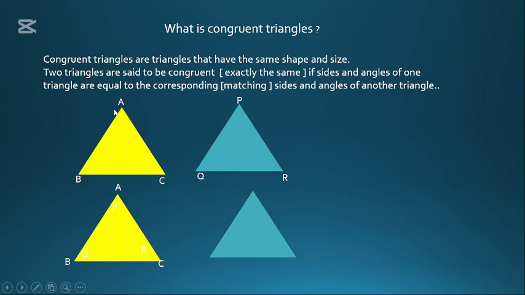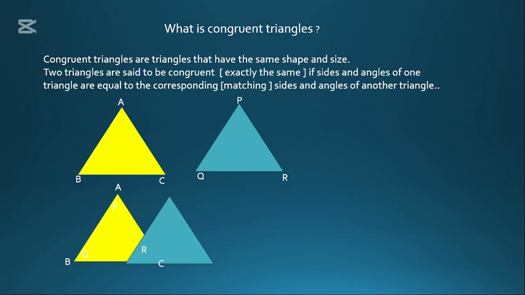exactly on ABC. It's a perfect match, and you can see AB is exactly the same length as PQ, BC exactly the same length as QR, and AC exactly the same length as PR.